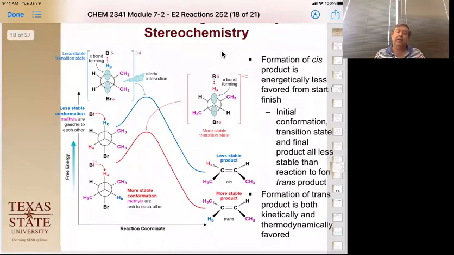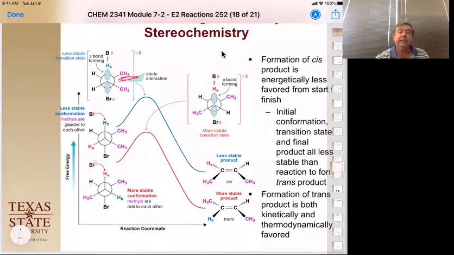So let's try to think about it from an energy perspective now. The two different conformers have different energies, right? Because the methyl groups take energy to spin past each other, and there's strain associated with having two methyl groups on the same side.